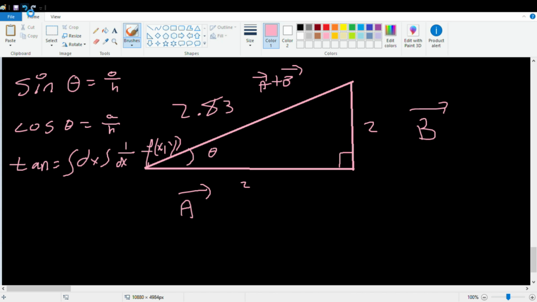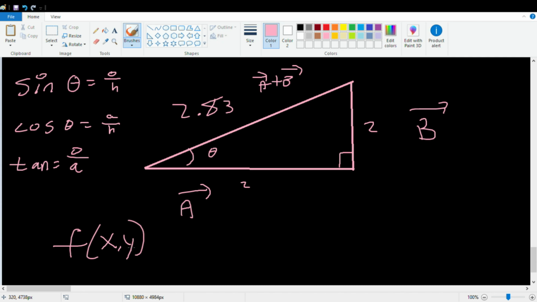No, I'm just kidding. It's just opposite over adjacent. Oh, and just so y'all know, these kind of functions do exist. They're just three-dimensional. So, we could use any of these three to find this angle. It does not matter.